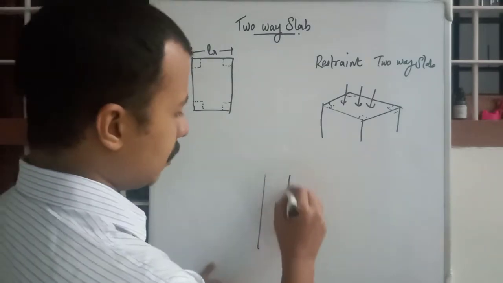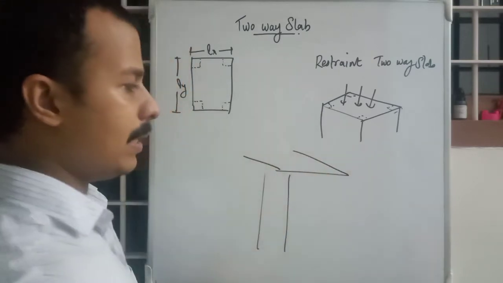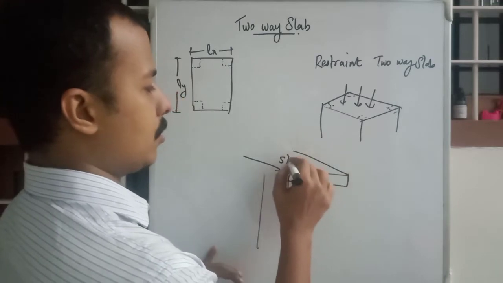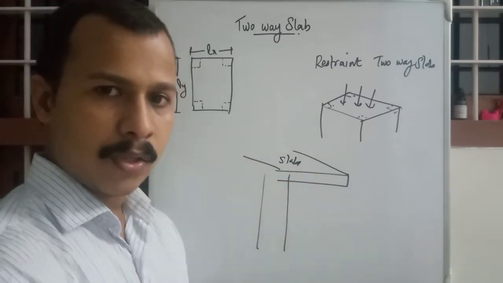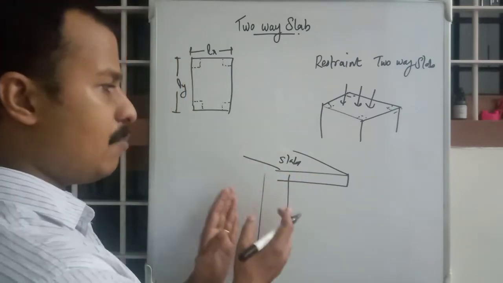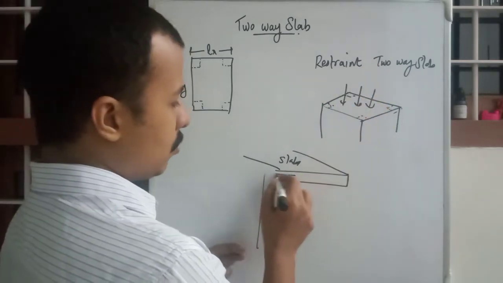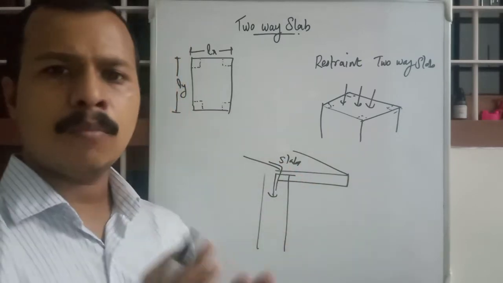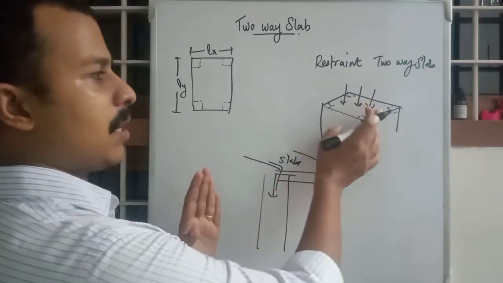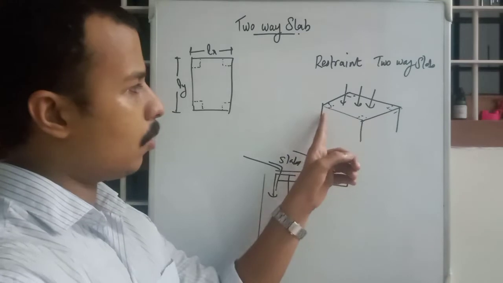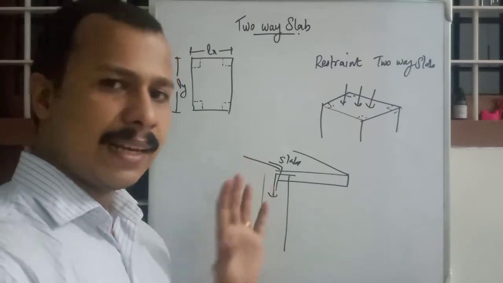First we build columns, then beams, then over that slabs, and after that we fill with bricks. In these frame structures, the ends will be restrained. The columns, beams and slabs will all be monolithic because all will be RCC, so it will be a restrained condition. There will be bonding between the corners, supports and the slab. That is the real life application.